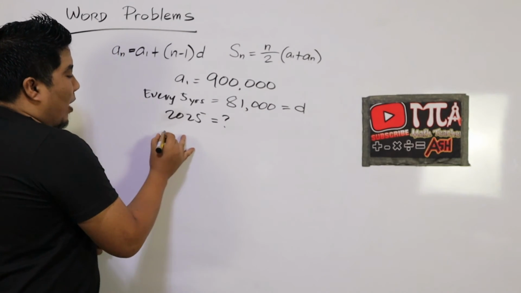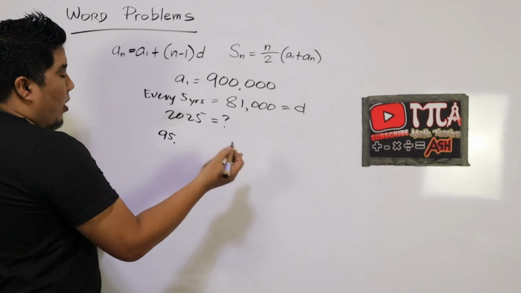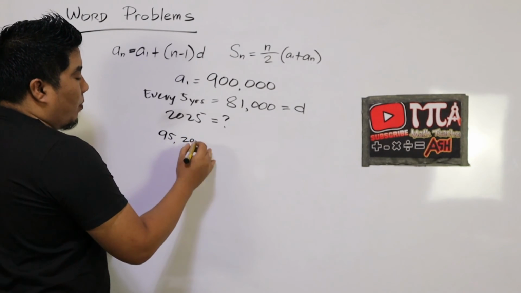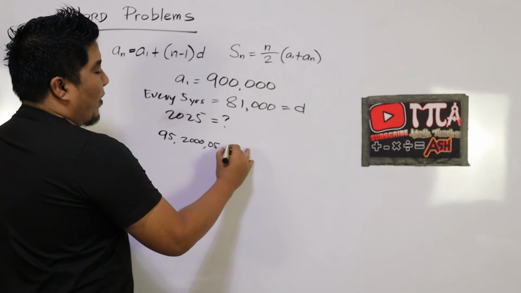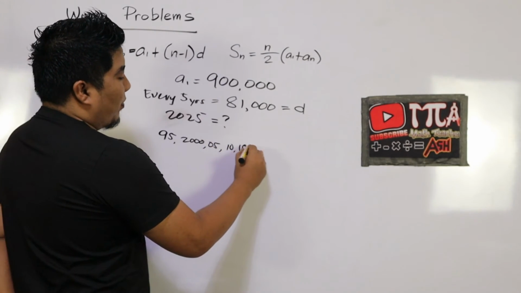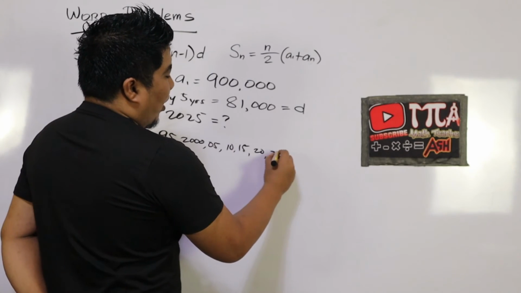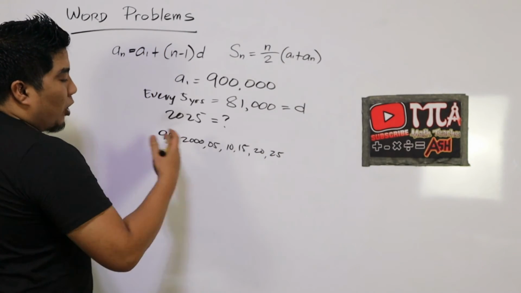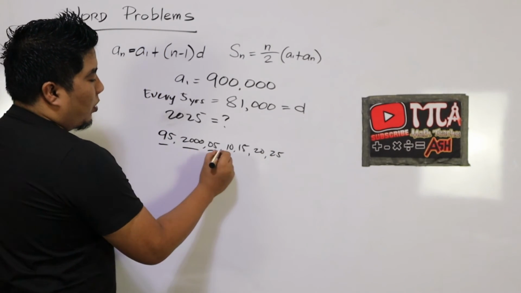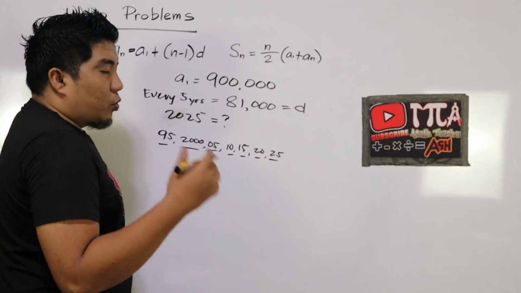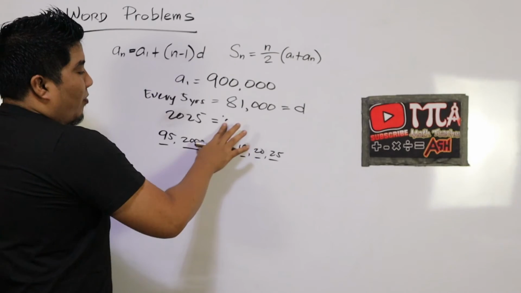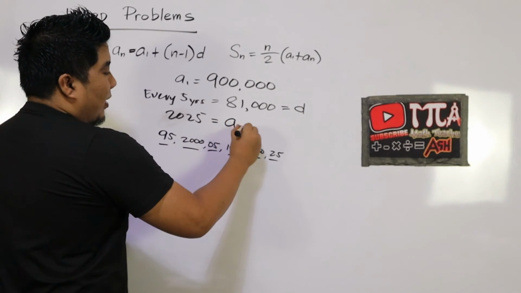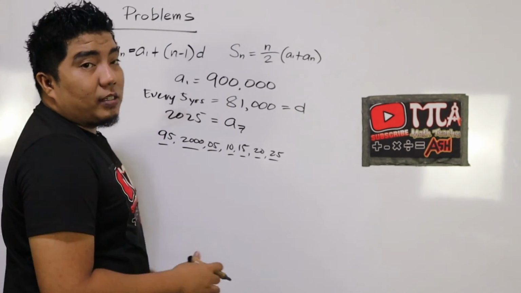If we write that down, that is 95, then adding 5 years, that will become 2000, then 2005, 2010, 2015, 2020, and 2025. So how many terms are these? 1, 2, 3, 4, 5, 6, 7. So there are 7 terms. Basically, 2025 is the 7th term of this given scenario.